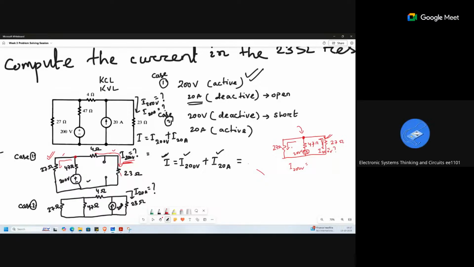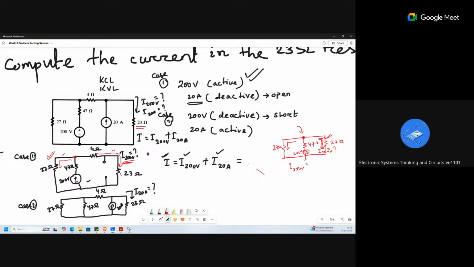But then the complexity will increase, and I may not get the current through the 23 ohm. So why go for the complex method? If I am able to calculate this current directly, then that will be correct.